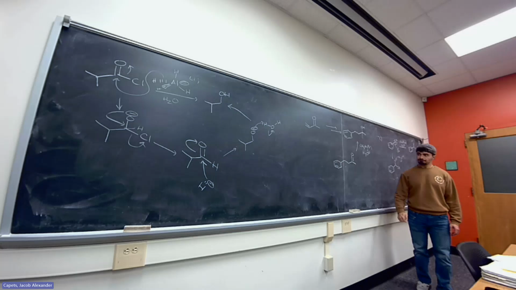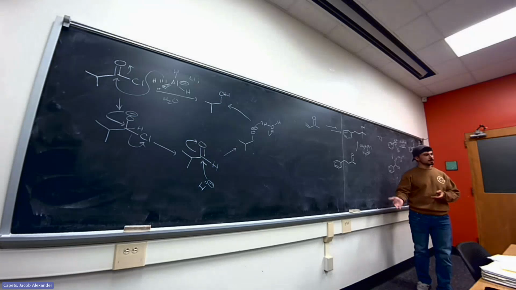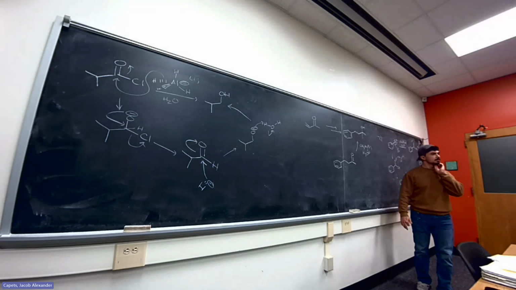On that ketone. And then we can't do conjugate additions with Grignards because that would attack the carbonyl. So what's our softer nucleophile that we do alkyl conjugate additions with? Cuprates.